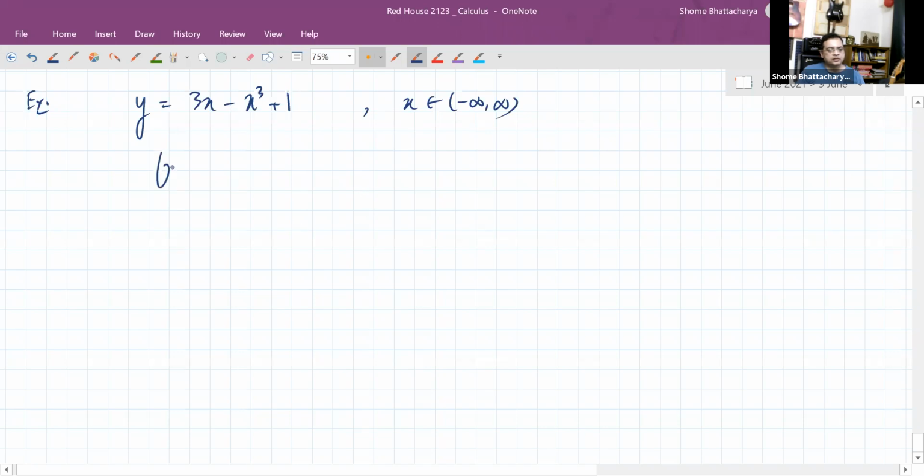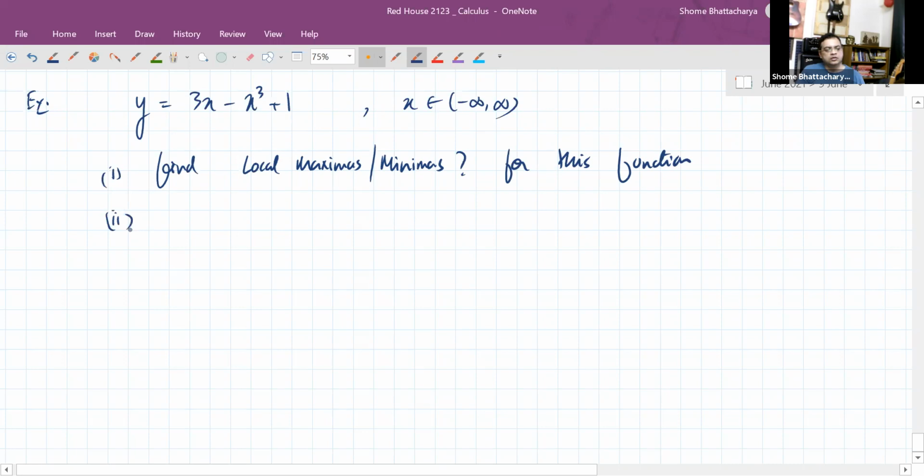Now we want to find the local maximas or minimas for this function, and we want an approximate graph of y versus x.